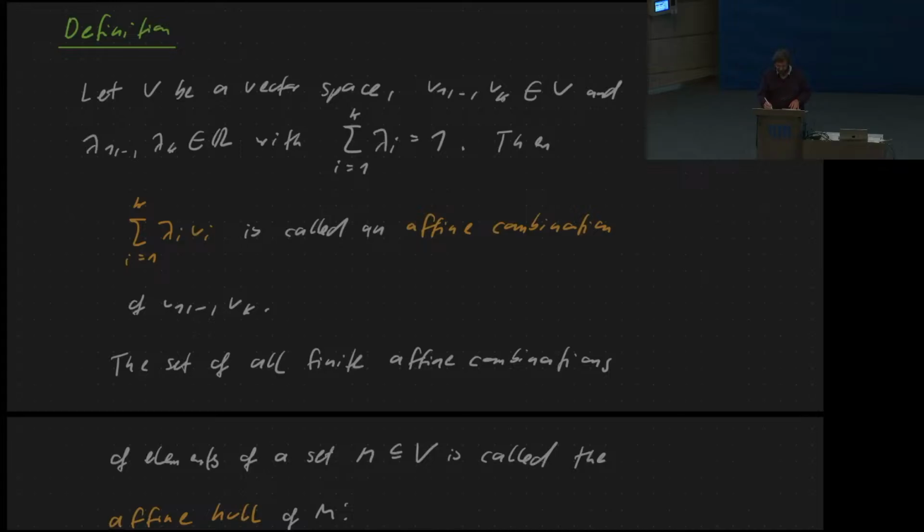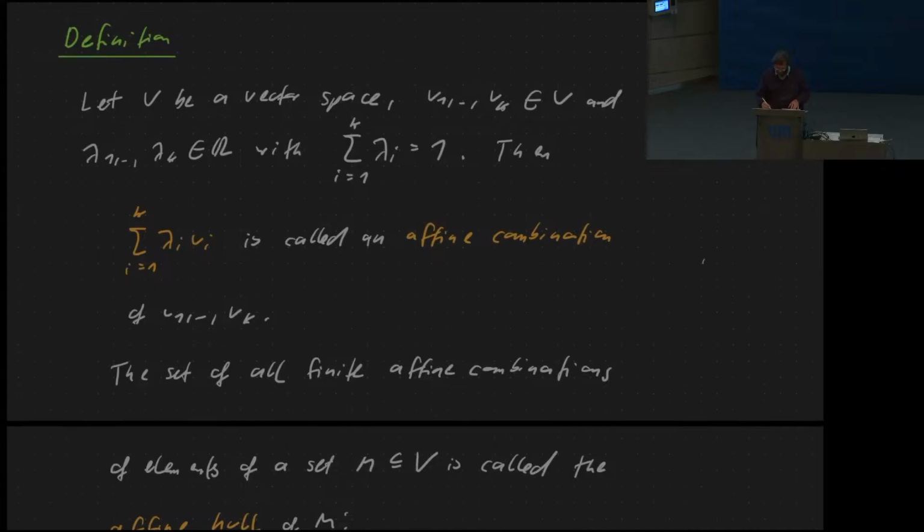Let's again take a quick look at a sketch that hopefully illustrates that. So let's say we want to consider the affine hull of this point here, and maybe that point. Right? We already said the affine hull of those 2 points is a line that passes through them. And how do we generate a point on that line?